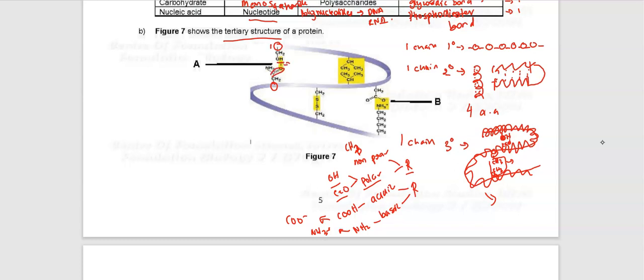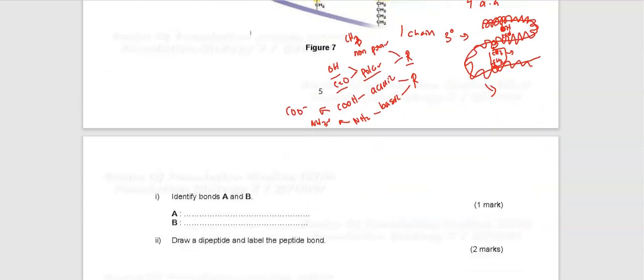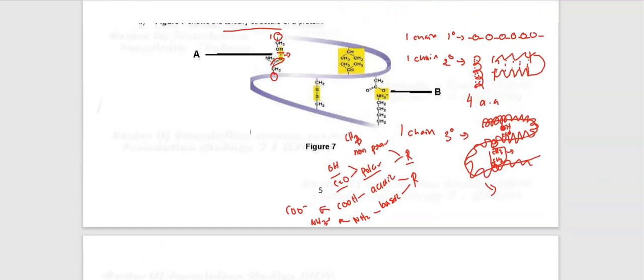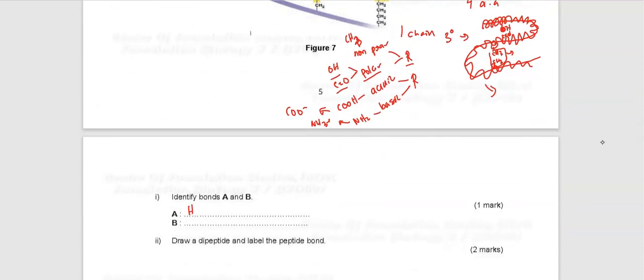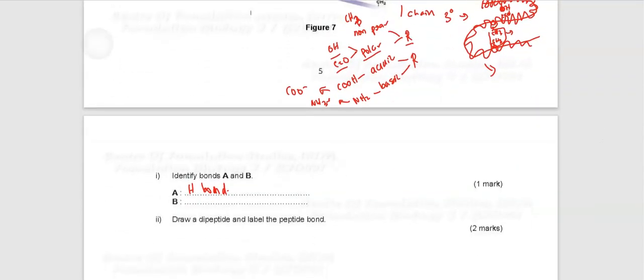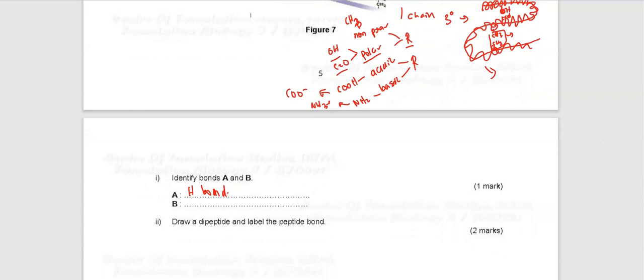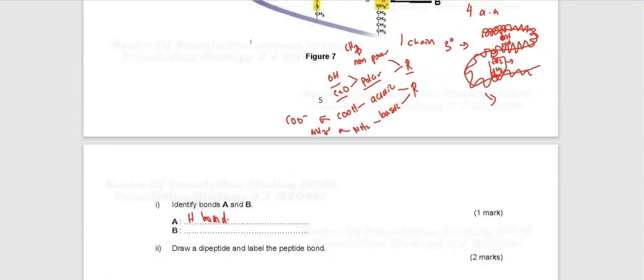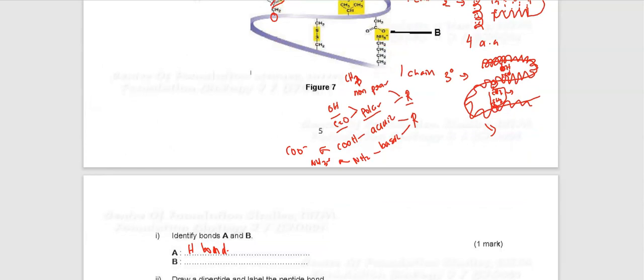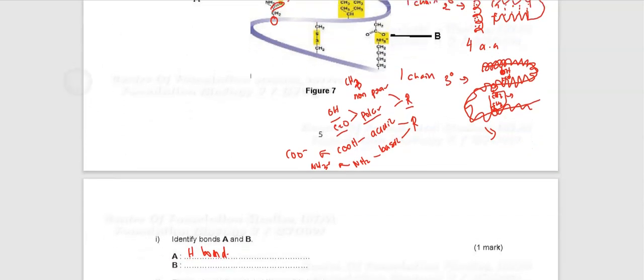So hydrogen bond will form between hydrogen atom and also oxygen atom. So therefore, identify bond A, it will be hydrogen bond. And it is preferable to spell the word hydrogen. Hydrogen bond. Spell the hydrogen, please.